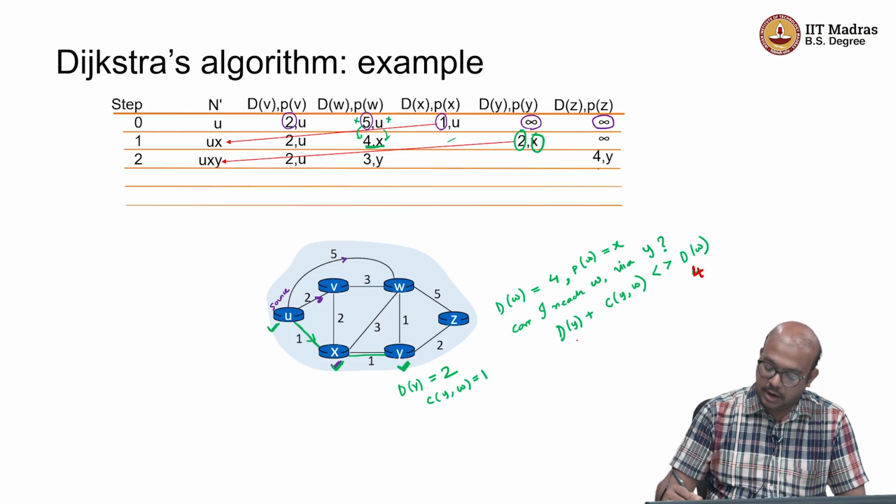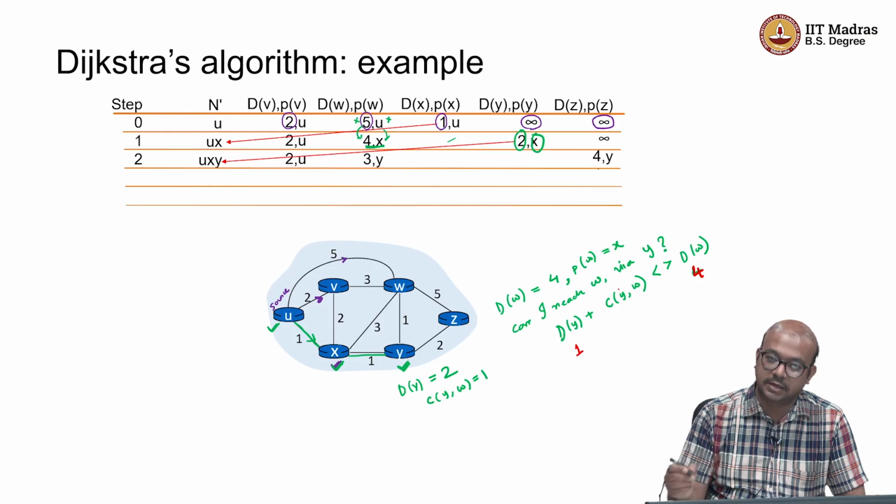And dy is definitively known because y is in N prime, so dy is 2, and c of y comma w is 1.